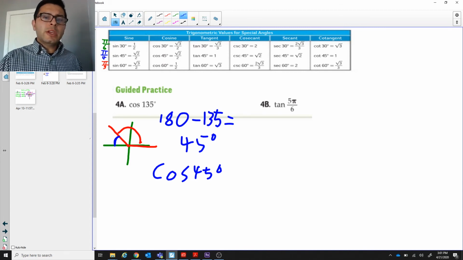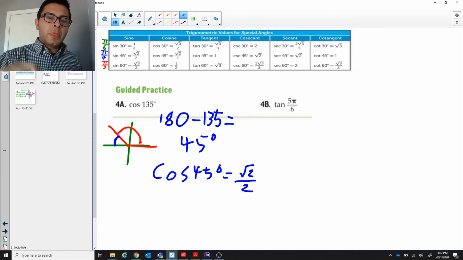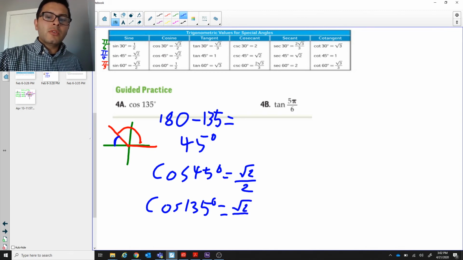So we're just going to make reference to our chart up above and find that cosine of 45 degrees equals square root of 2 over 2, which also means that our cosine of 135 is also going to be square root of 2 over 2.